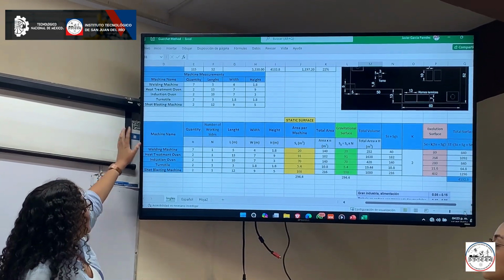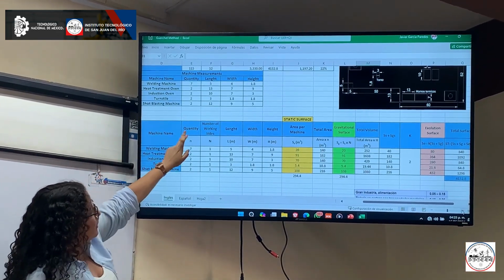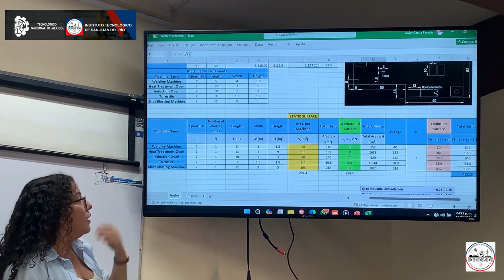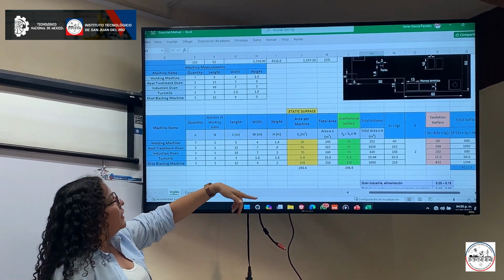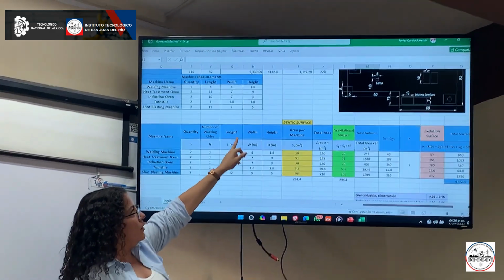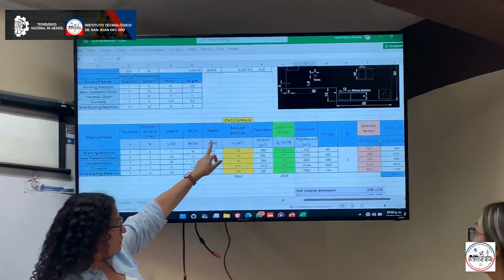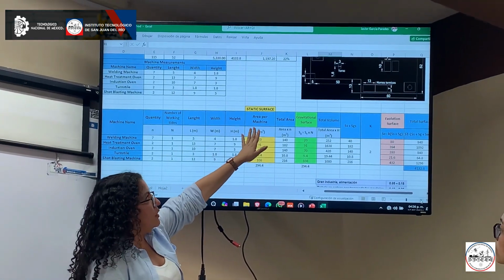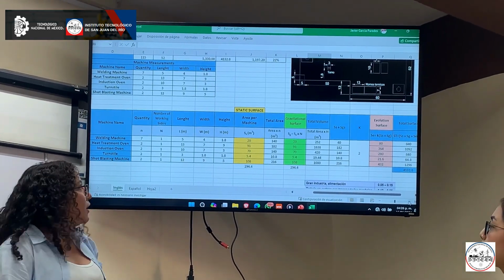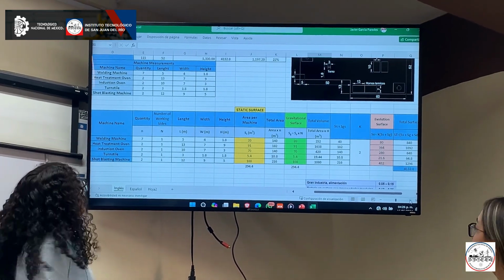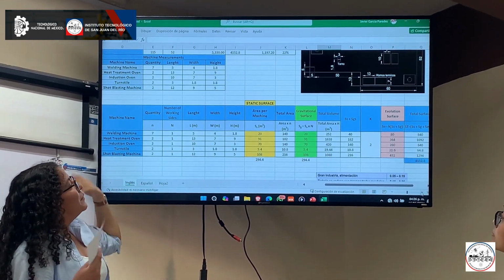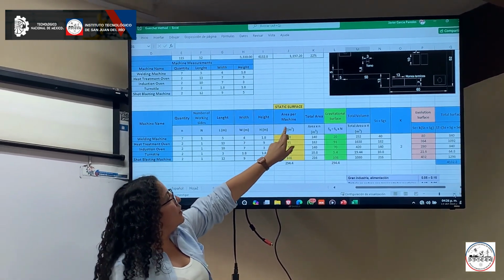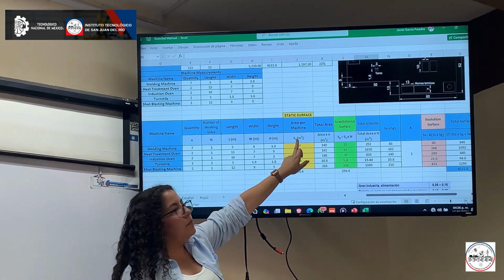Okay, now for our application, we have the machine name, the quantity of machines, how many we have in our layout, the number of working sites, length of the machine, width of the machine, and height of the machine, so we can get the area per machine, which is equal to the static surface. You multiply the length by the width, and you get the area per machine in square meters.